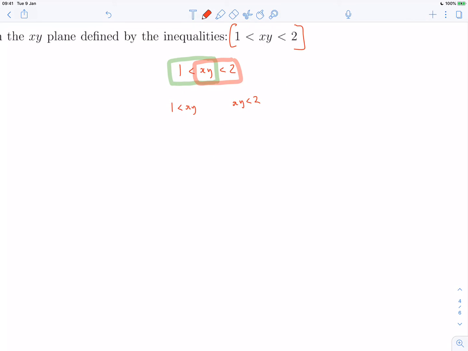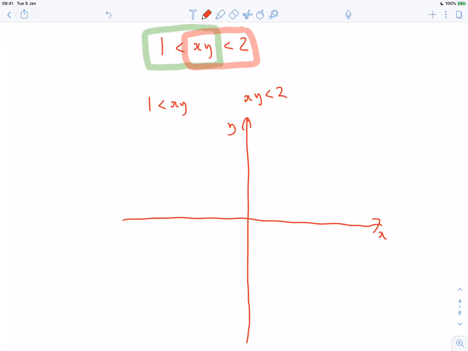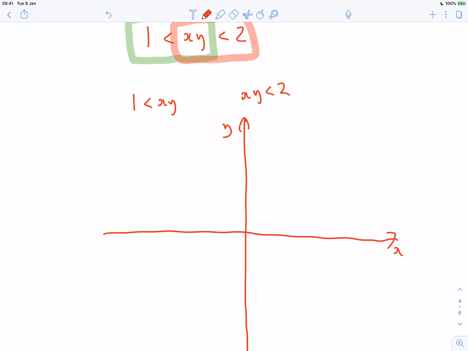Okay, so how about we just do a little sketch, sub some values in, see what's going on. Well, when x times y is 1, well, there's lots of things that could be. That could be when x is 1, y is 1. There it is. But I want it to be greater than 1. Okay. Let's consider all the points when xy equals to 1.